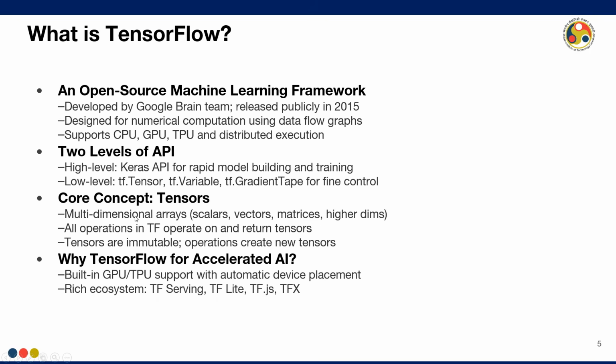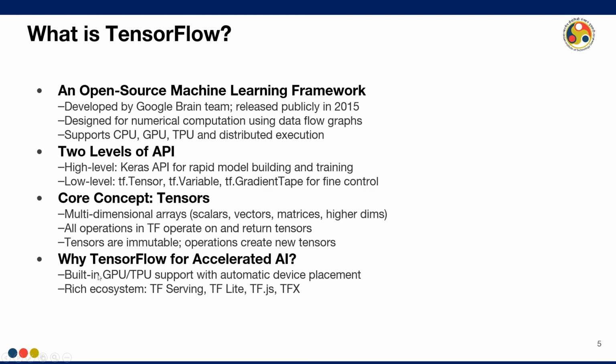A few core concepts we'll talk about: tensors as well as multidimensional arrays, the different operations that are available, and then the automated complete flow. TF Serving, TF Lite, tf.js, TFX: these are different ecosystems available for different deployments.